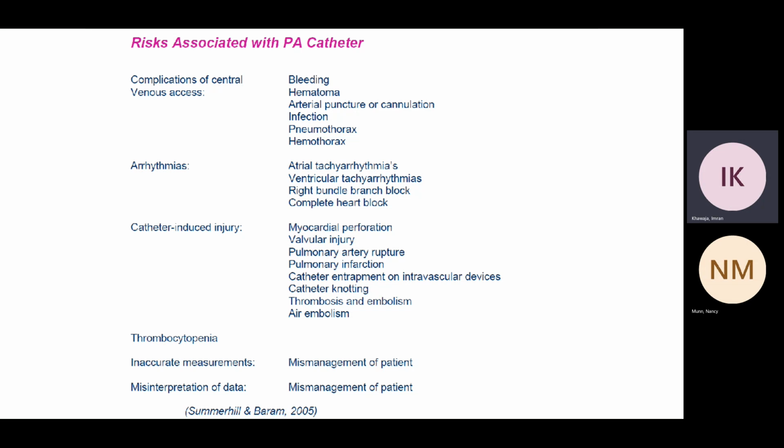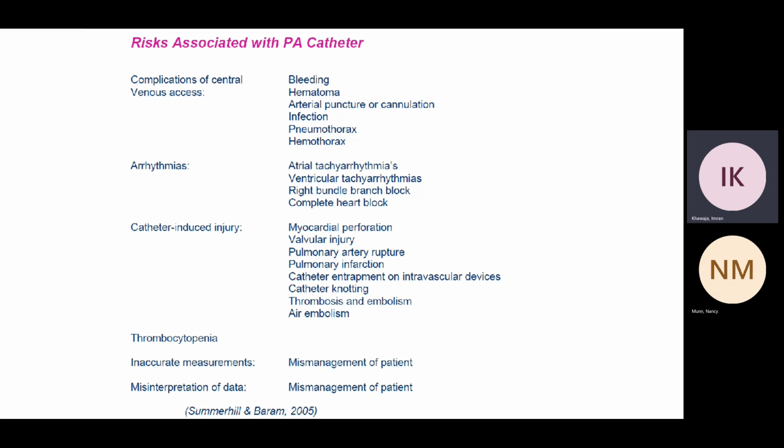We did talk about the risk of right bundle branch block that can lead to complete heart block in patients with underlying left bundle branch block, and other mechanical injuries from the catheter itself. Sometimes there is coiling or looping of the catheter.